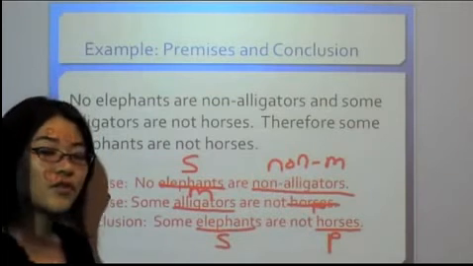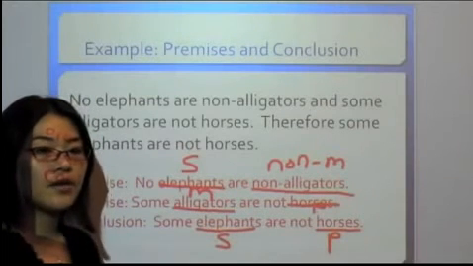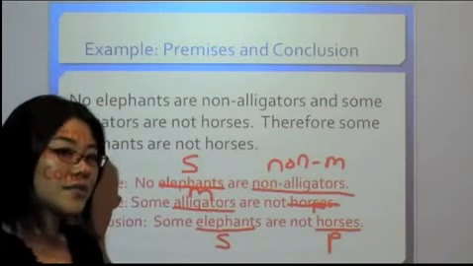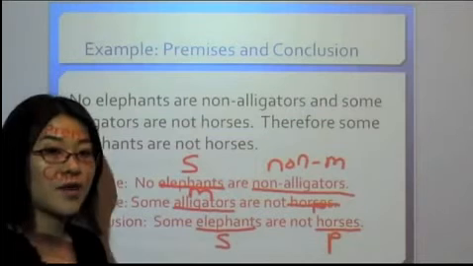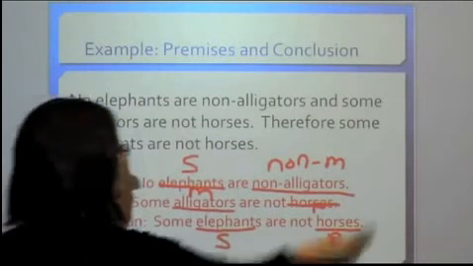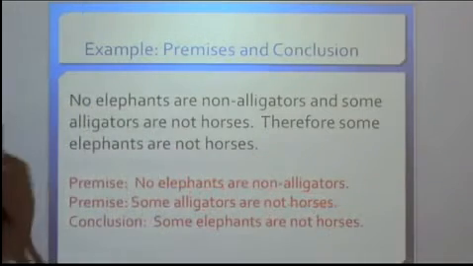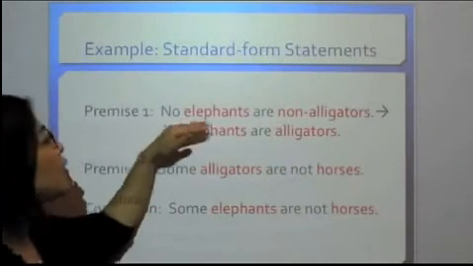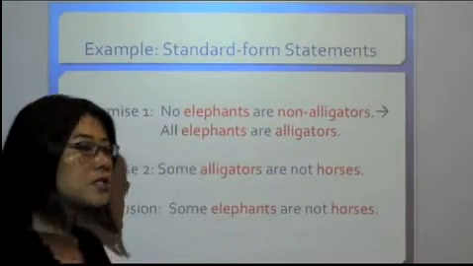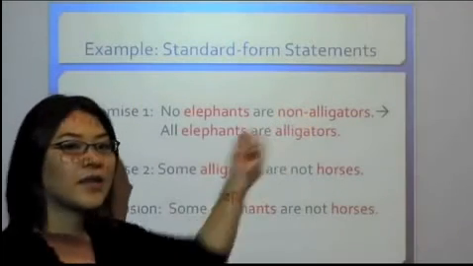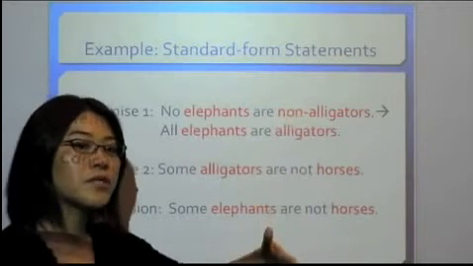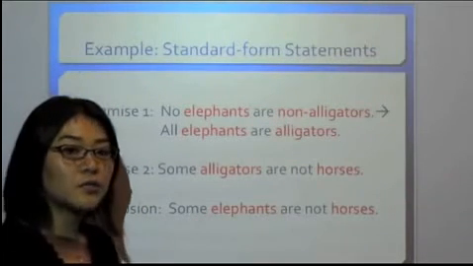You can also use conversion in conjunction with either obversion or contraposition if you have statements that require more than one operation in order to get rid of those term complements, okay? So here we have no elephants are non-alligators, and what we want to do is use one of our operations in order to try to get rid of that non, okay? So in order to replace that term complement with the term itself, okay? So we can actually do this with obversion.